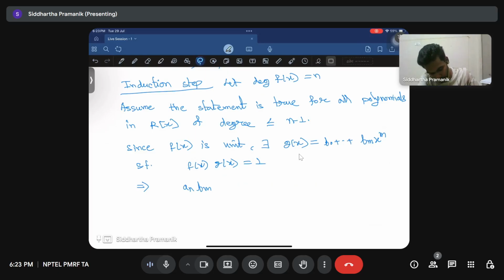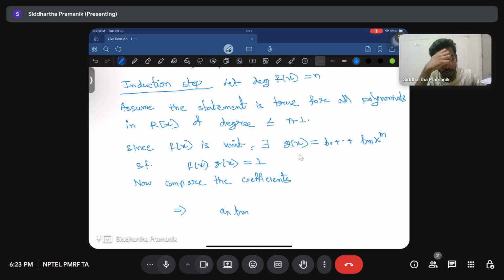What we have to do now is compare the coefficients from both sides.